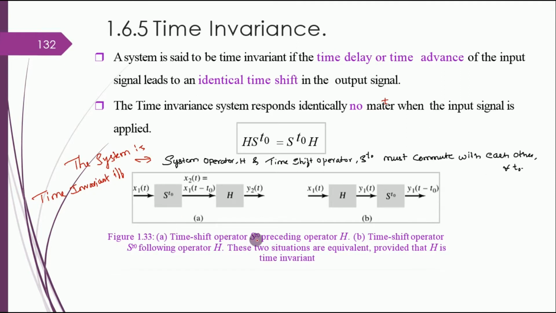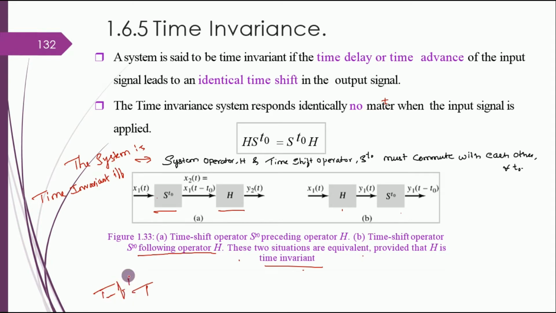You can see here the time shift operator S T naught preceding operator H. This is preceding H, and the next one is the time shift operator S T naught following operator H. S T naught is following operator H. These two situations are equivalent provided that H is time invariant. If H is time invariant, then only these two will give you equivalent results.